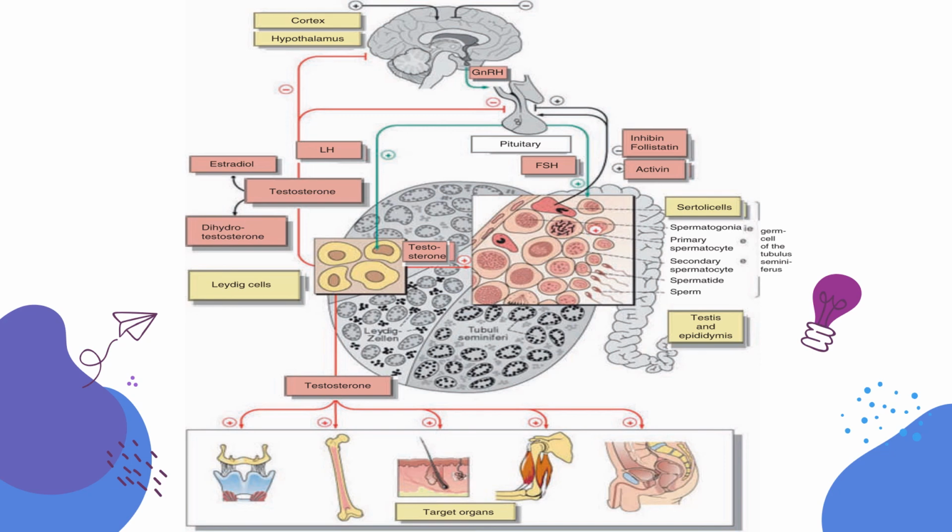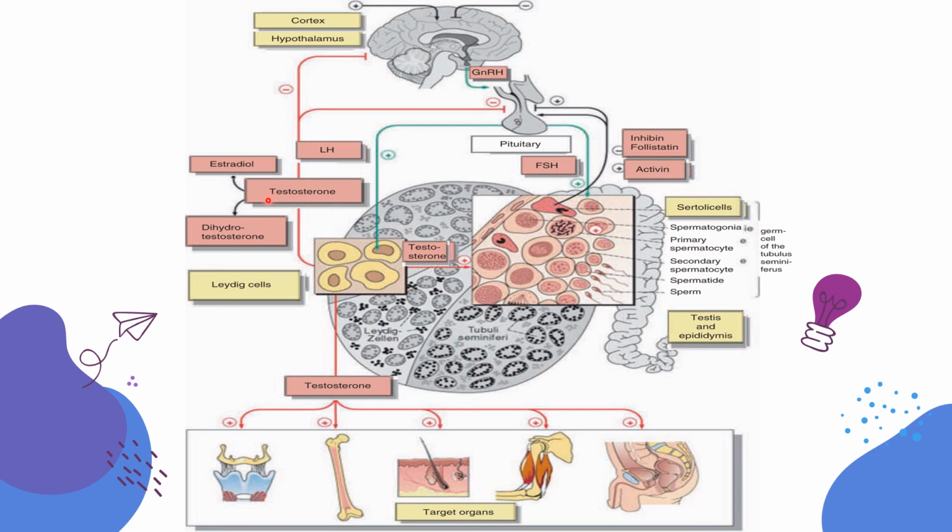To summarize the topic, here you can see the GnRH secretion plays an important role in the secretion of LH and FSH from the pituitary, from where it acts on the testis. So in the testis, the LH acts on the Leydig cells, from where testosterone is secreted.